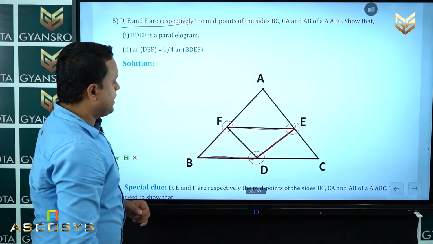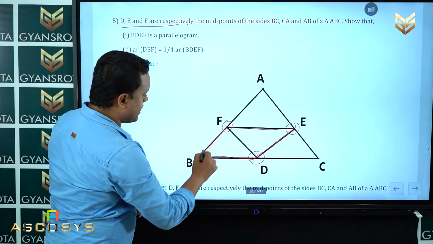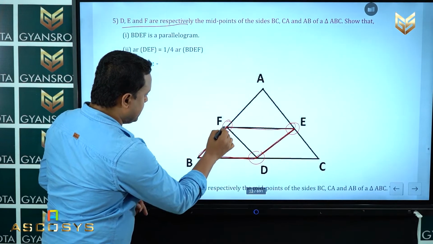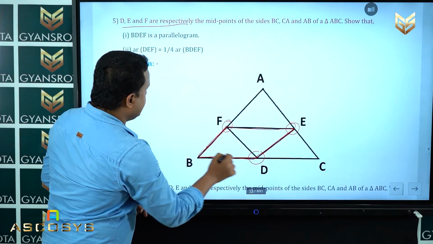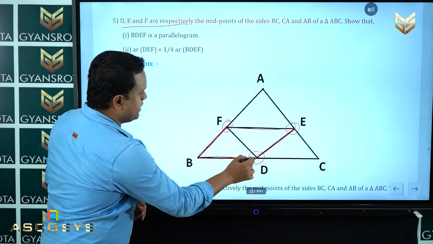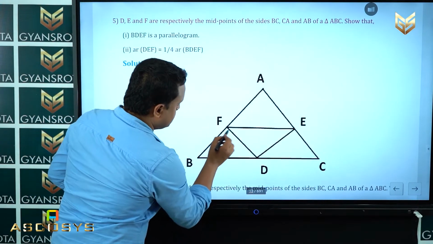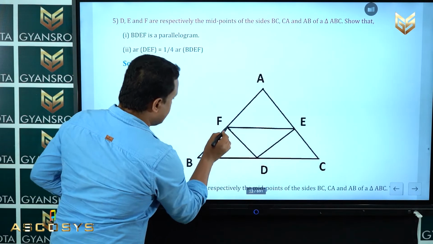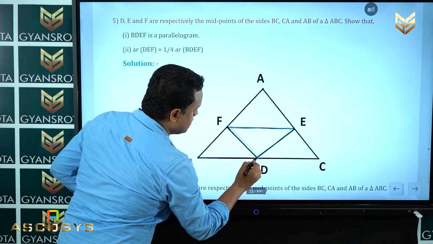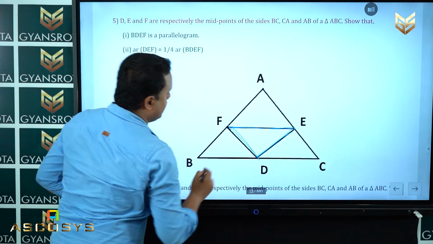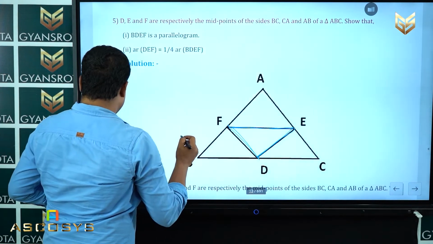And we have to show that the area of a triangle, FBD or DEF, this triangle DEF, is half of the area of the parallelogram.